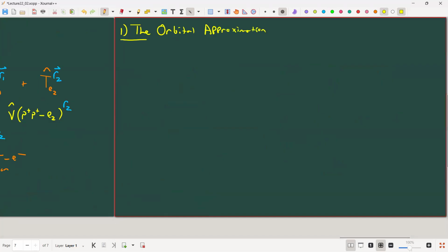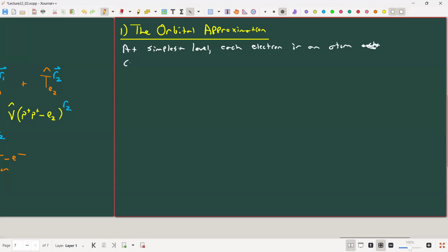Right, which is the idea that I can treat, at zeroth order, at the simplest level, each electron in an atom as acting, or being represented, or approximated using the results for a hydrogenic electron.